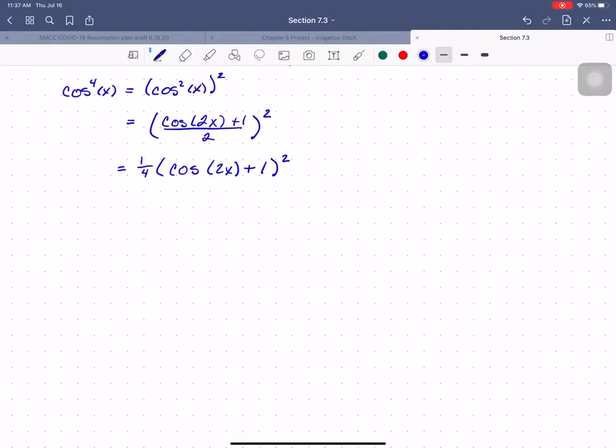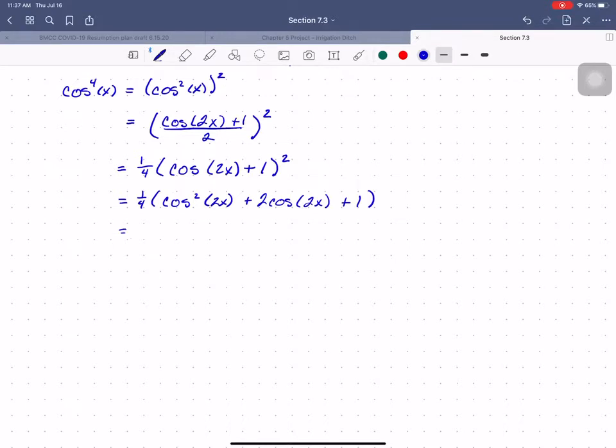Now let's expand that binomial. So I've got 1/4 times cosine squared 2x plus 2 cosine 2x plus 1. Now I can't have any exponents, so I have to do this again.